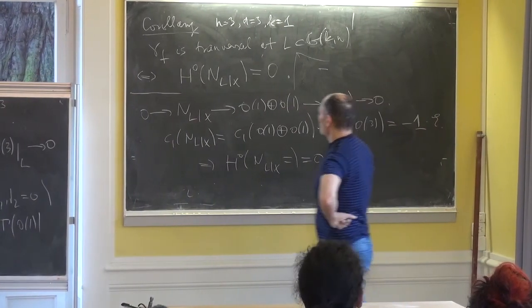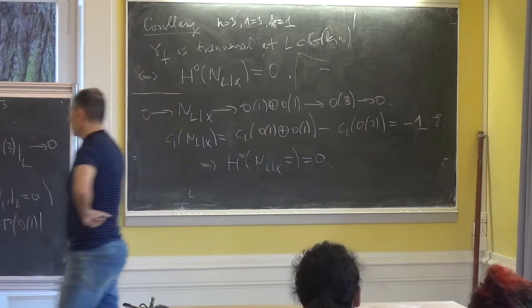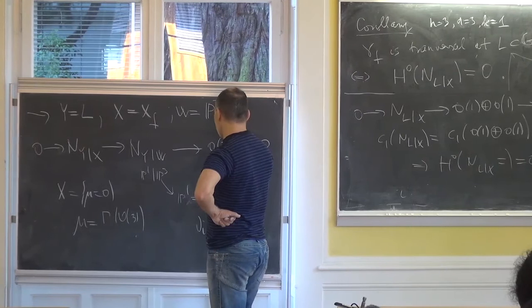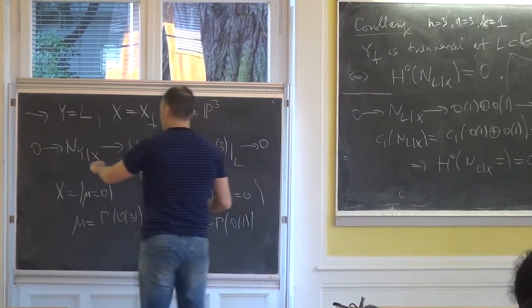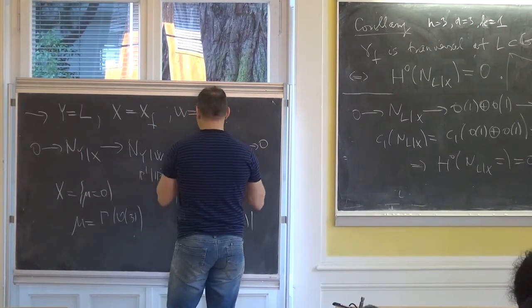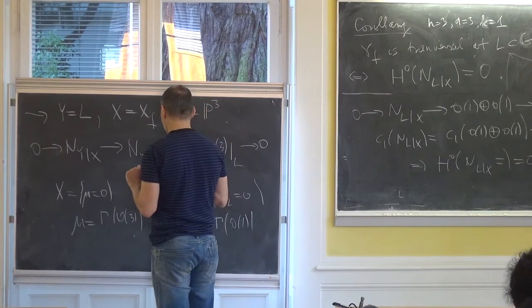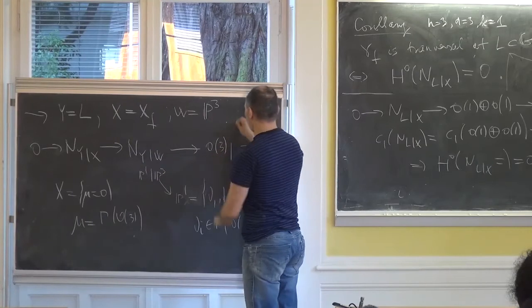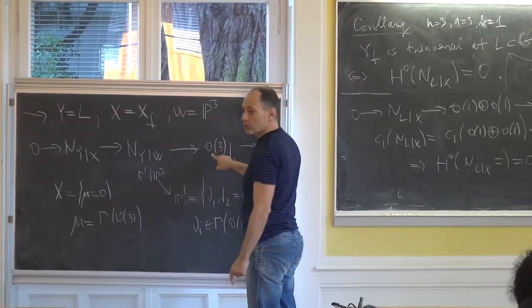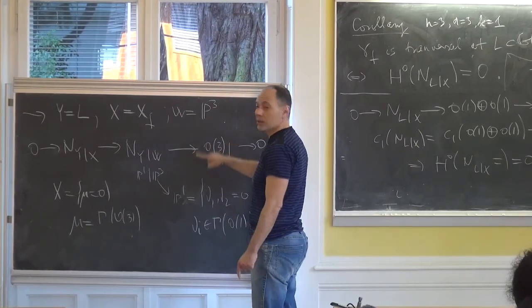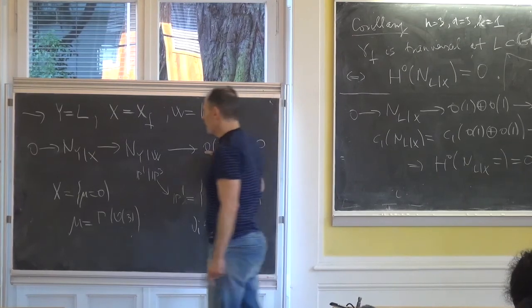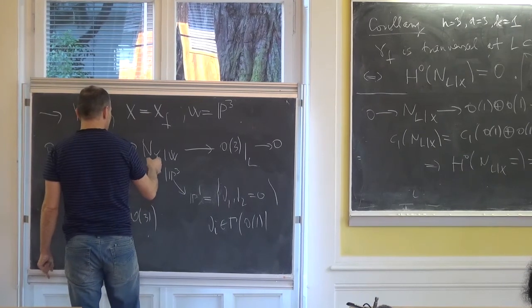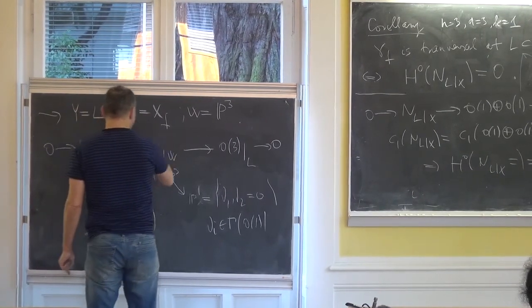So when you arrive here, the problem is that the dimensions are now not quite so great. This is still okay because it's a hypersurface. This was the normal bundle of X in P3, so this is still a line bundle. This is still okay.